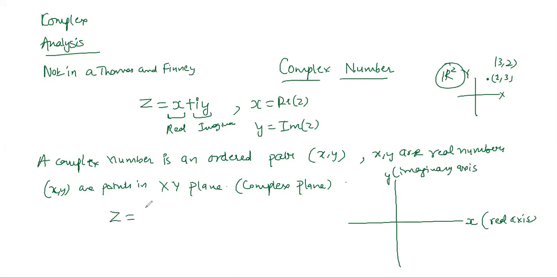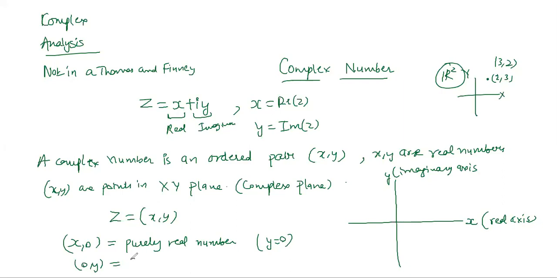So if you have a number, you write it like this, it's a complex number, so it clearly means that x is the real part, y is the imaginary part. And if I write a number like x comma 0, it is going to be a purely real number because its imaginary part is 0, right? And if I write 0 comma y, it's going to be a purely imaginary number because in this case the x part is 0. So the numbers lying on this real axis are purely real numbers.